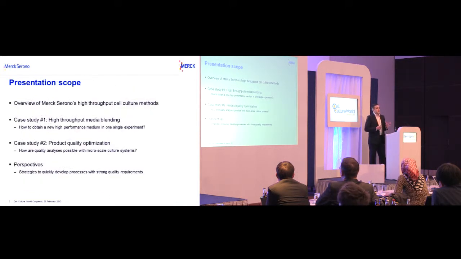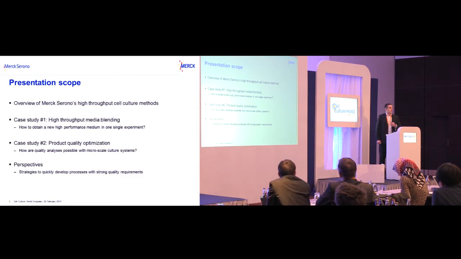Today I would like to give you an idea of how you can design experiments to improve your media and your feed using mainly high throughput cell culture methods. So I will be mainly talking about 96 deepwell plates, and I will illustrate my presentation with two case studies.